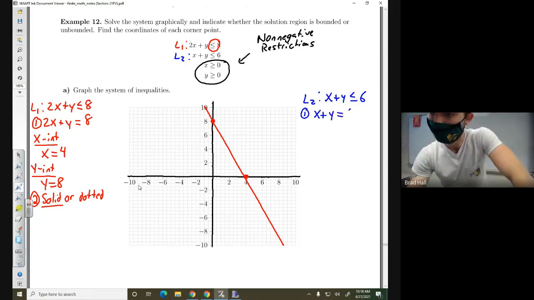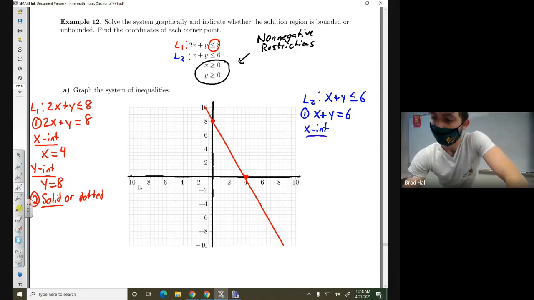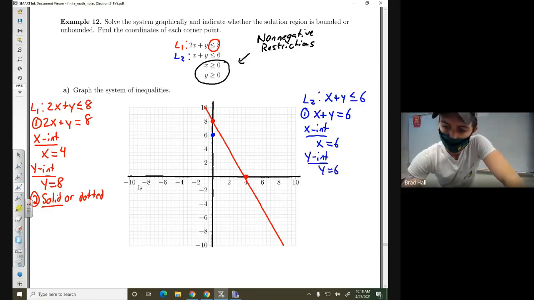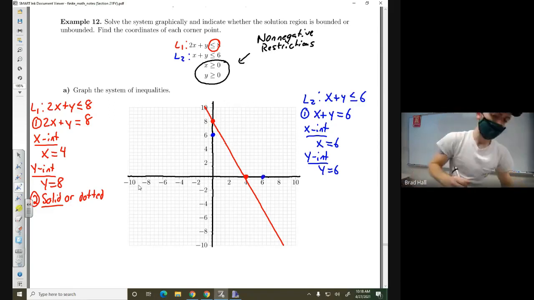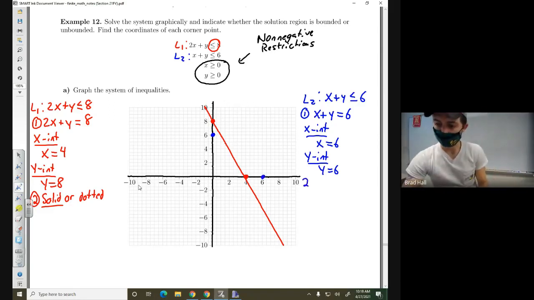x plus y is equal to 6 is the underlying equality. Looks like the x and the y-intercept are both going to be 6. 6, 6. And it looks like this one's also going to be solid.